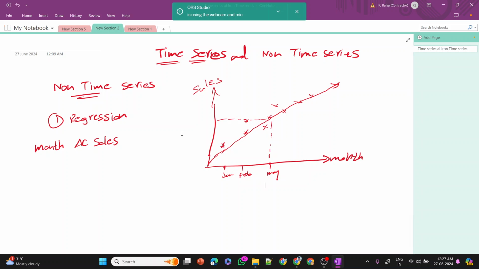ARIMA will take care of this. It is mostly used in forecasting sales or stock price. We all know that in the stock market, the price of a stock depends upon the time and the season.